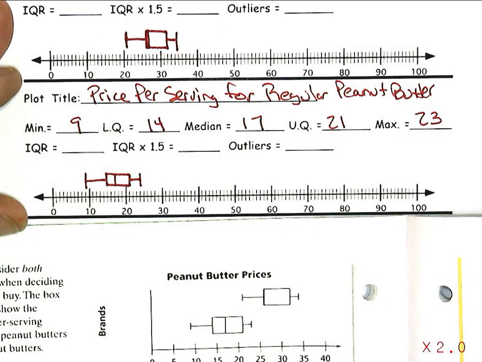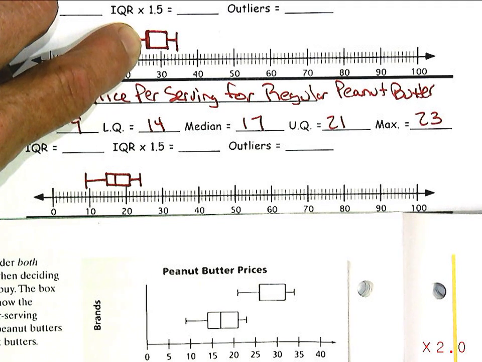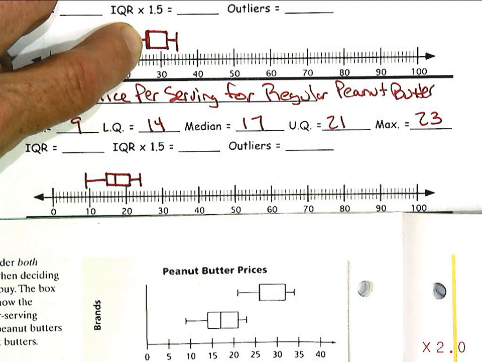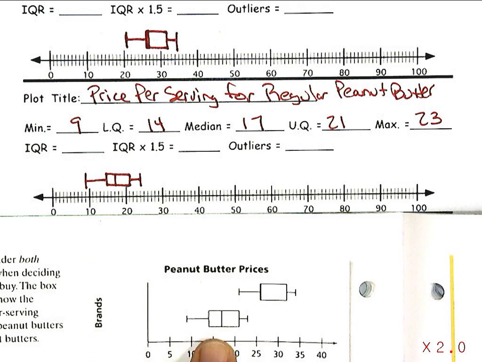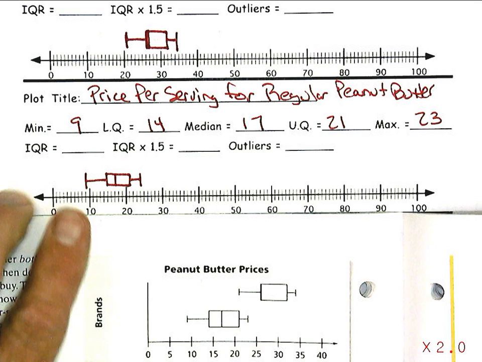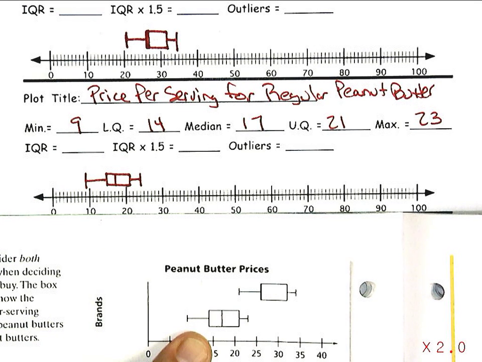You can see that this one has the darkened part where the lower quartile and the median are in the same spot. And so that corresponds with this upper one. So that has to be the box and whisker plot for the natural peanut butter prices. And then this one matches our one right here. And so that has to be the box and whisker plot for the regular peanut butters.